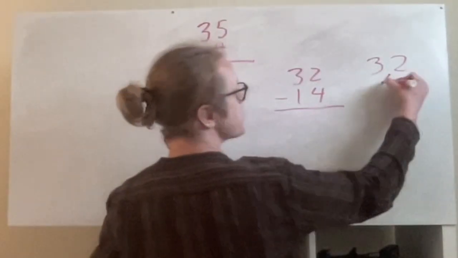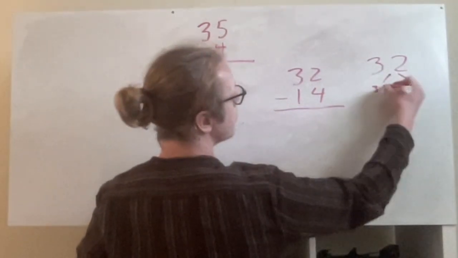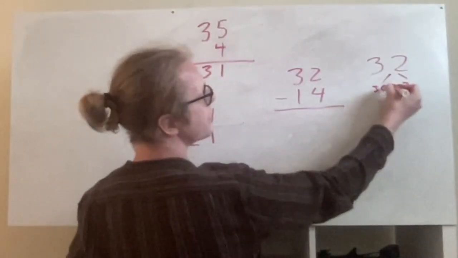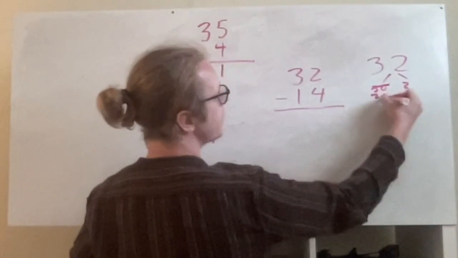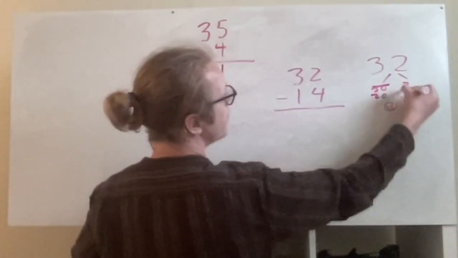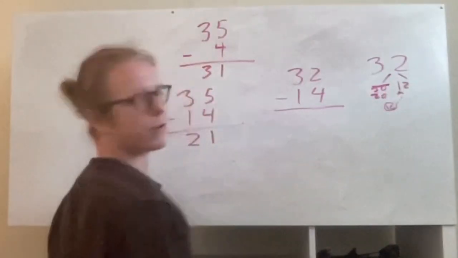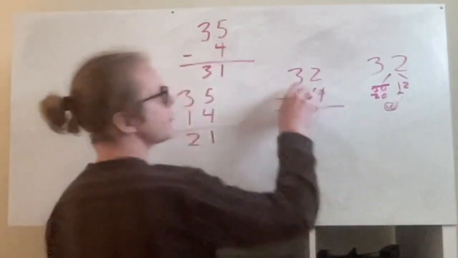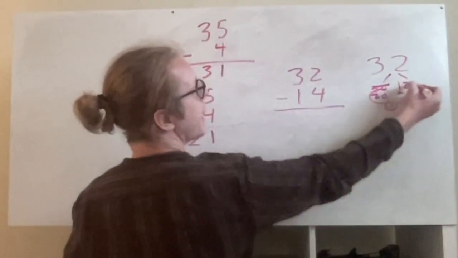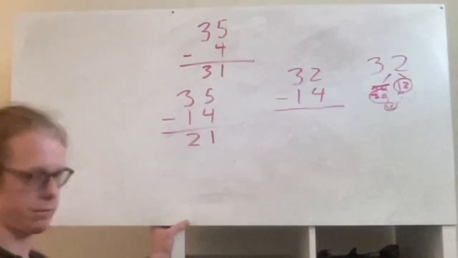Instead of breaking it into a 30 and a 2, we're going to take 10 away from this 30. Let's make that a 20, and I'm going to bring the 10 over here, combine it with the 2, and now it's a 12. So instead of breaking it apart into a 30 and a 2, we break it into a 20 and a 12. This is what we call borrowing.